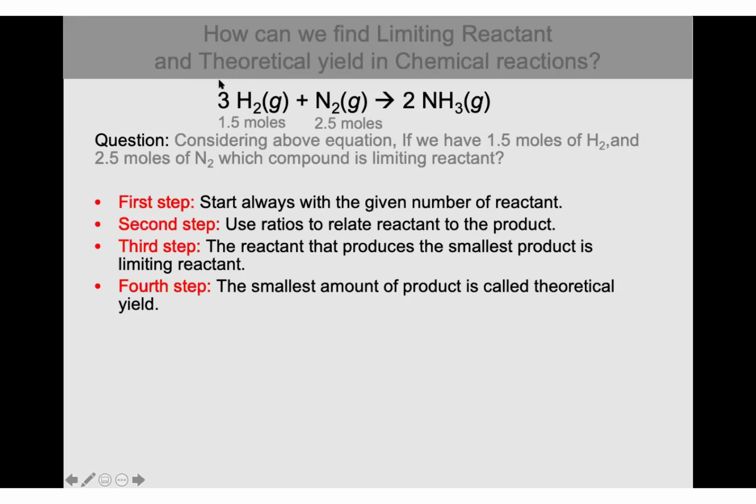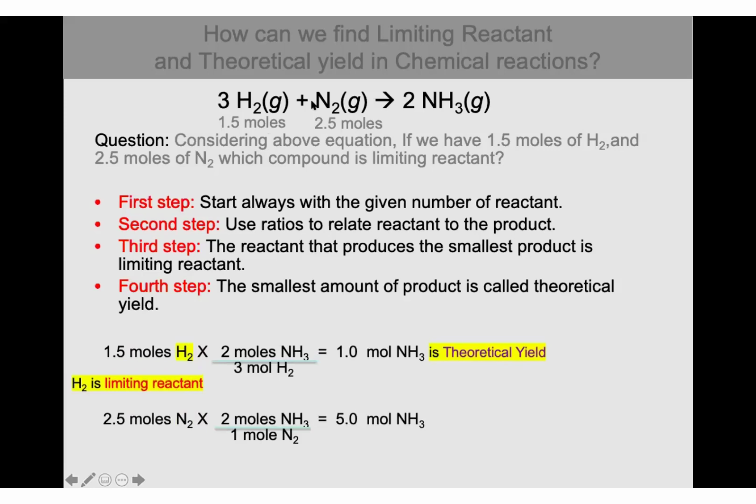We relate each reactant to product using the coefficients. So we always start with a given number. It doesn't matter which of them you start with. I want to start with 1.5 moles of H2. Then I use a coefficient to relate to the coefficient of my product.